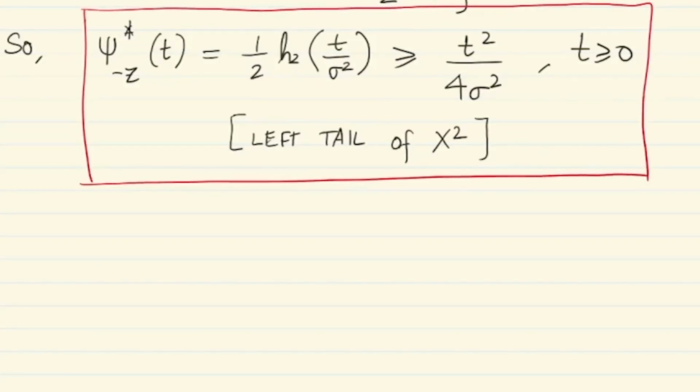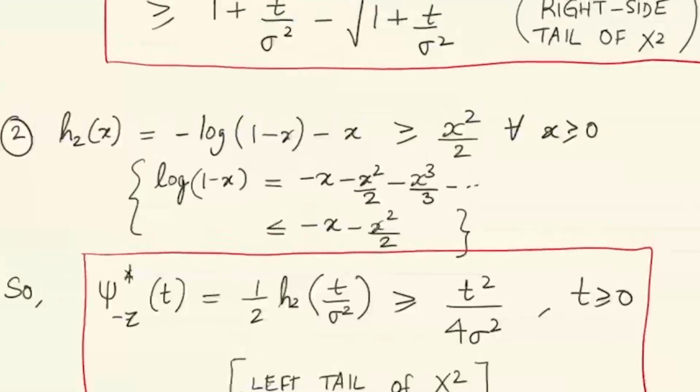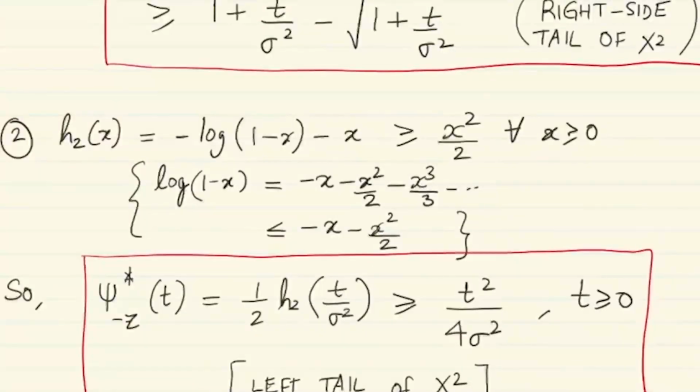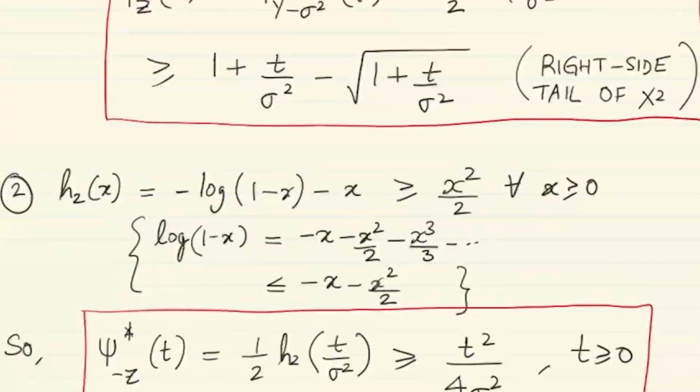So if we compare the left and right tails, the exponential tail decay suggested by the Chernoff bound, what we find is that the right side tail essentially decays as e raised to minus a constant times t, like an exponential, whereas the left tail decays as e raised to minus t square.